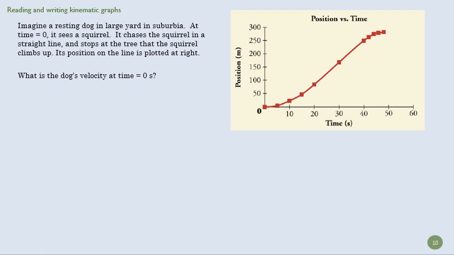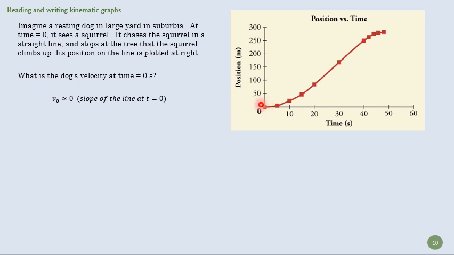So let's test this out. What's the dog's velocity at 0 seconds? Well, velocity is the slope of your position graph, right? How fast is he moving from position to position? And so here, if we took the slope of that line right there, we'd find that at exactly 0, instantaneously, he's not moving, roughly.